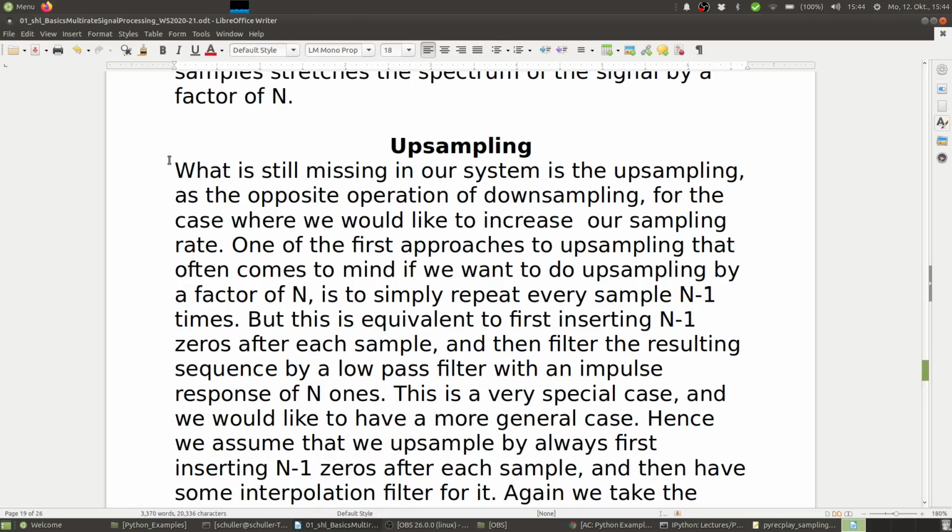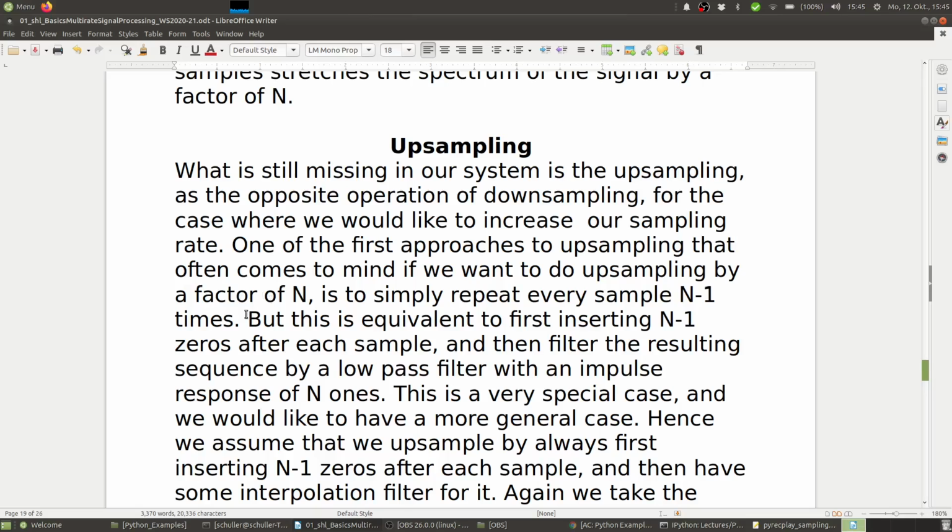Then in the decoder we do the upsampling. What is still missing in our system is the upsampling as the opposite operation of downsampling, for the case where we would like to increase our sampling rate. One of the first approaches that often comes to mind if we want to upsample by a factor of capital N is to simply repeat every sample N-1 times.